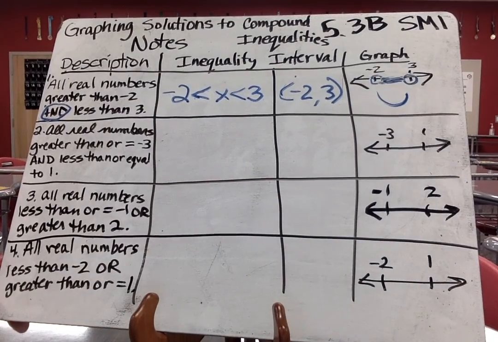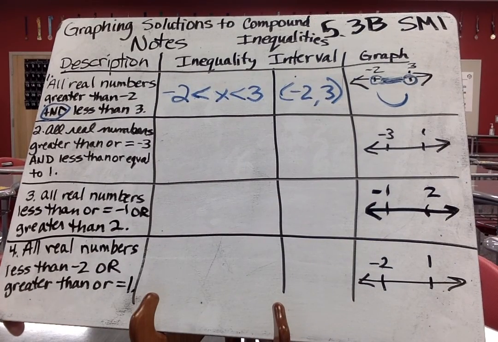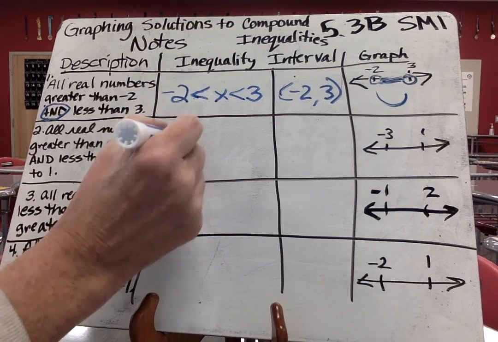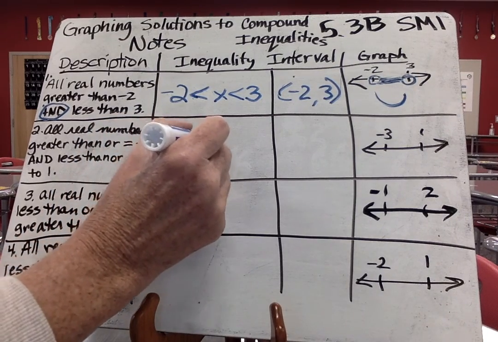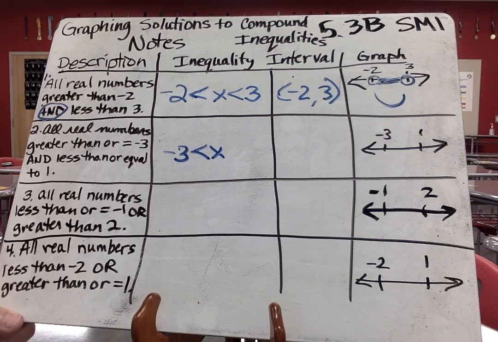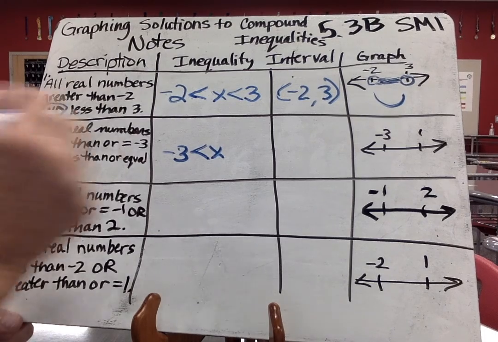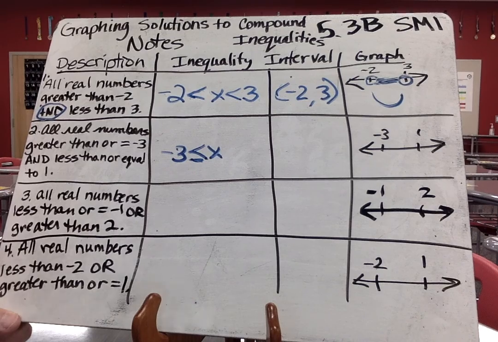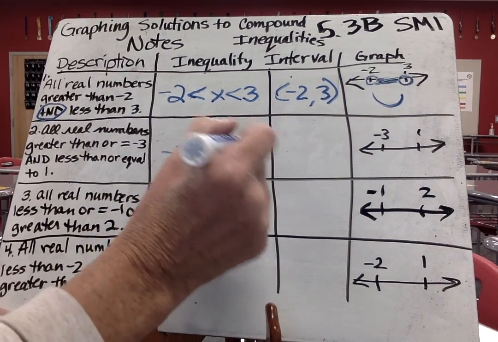Okay. Number 2, all real numbers greater than or equal to -3 and less than or equal to 1. So x is greater than or equal to -3, and less than or equal to 1.